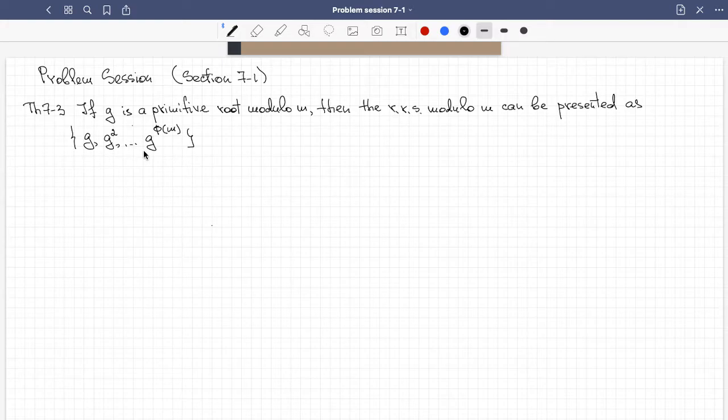So powers of a primitive root give us a reduced residue system.